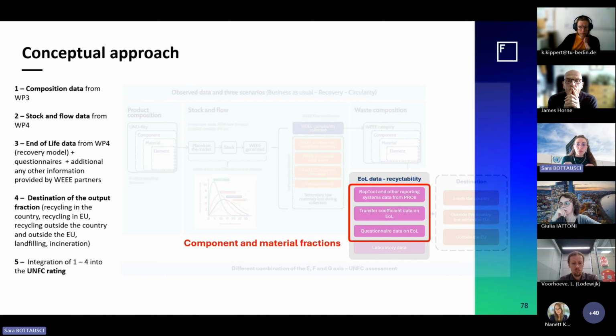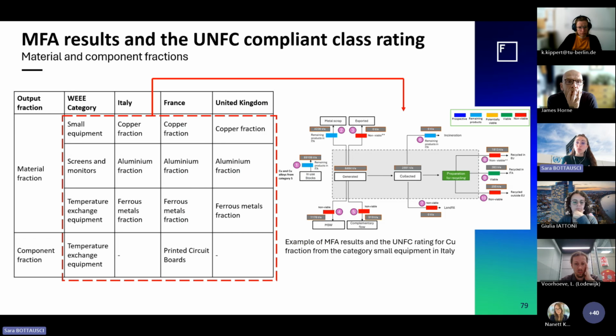Then we have also used a few other data derived from other activities in the project, for instance, the recovery model, but also the recoverability assessment just presented by Caterina. And also we have used data coming from some questionnaires that we distributed to treatment operators via our project partners. Then we grouped all those data sources together, and we were able to ultimately quantify the output fraction amount from the treatment of those specific e-waste collection groups.